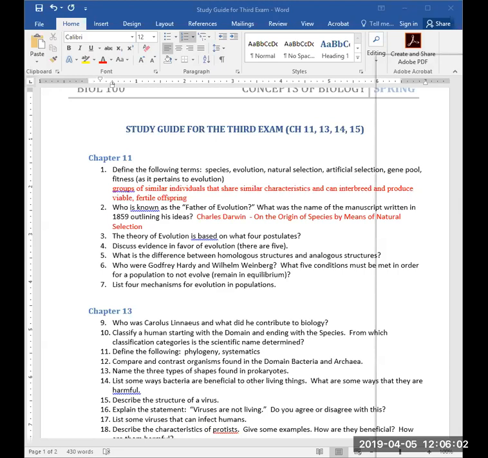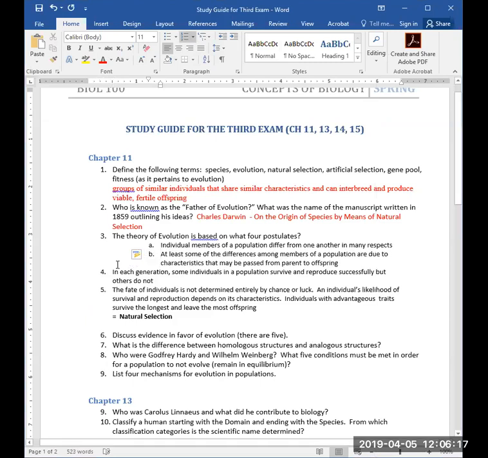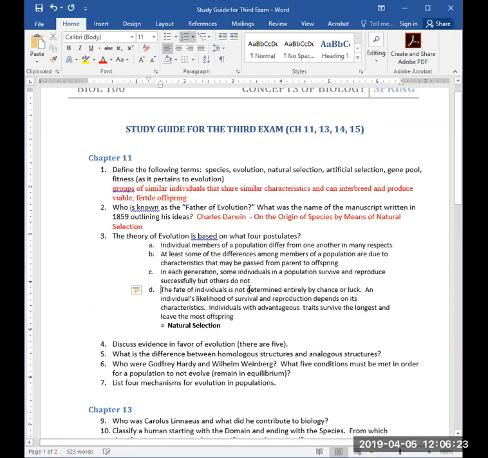All right, so let me see if I can put the four postulates on here.